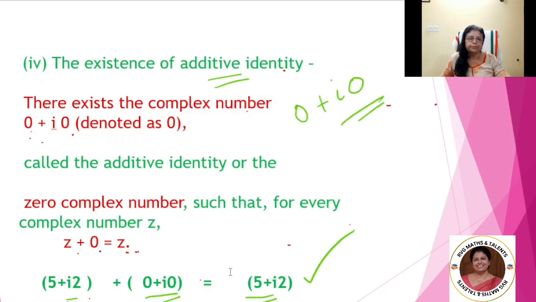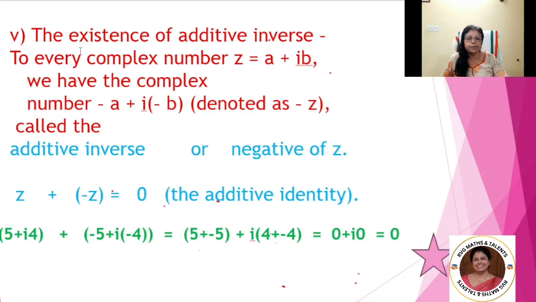Then next comes the existence of additive inverse. That means for every complex number z equal to a plus ib, we can find the negative of it as the additive inverse. For a plus ib, the negative is negative a plus i negative b.